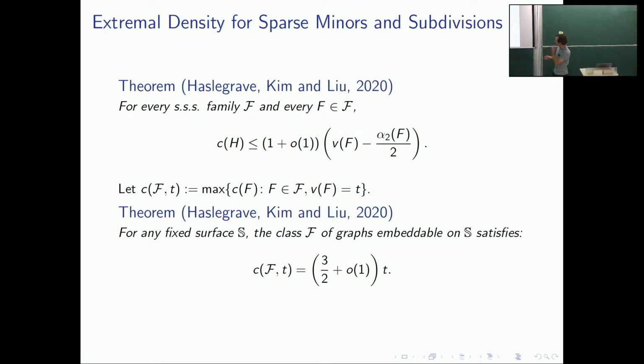Okay, so unbeknownst to us when we started working on this, there is now this result of Haslegrave, Kim, and Lee, which has made a lot of progress on computing extremal functions for sparse minors in exactly the same sense that we were interested in.